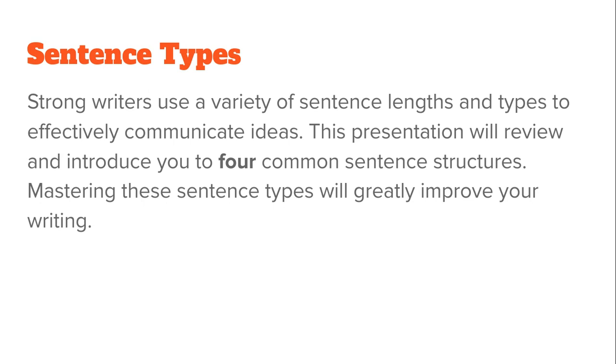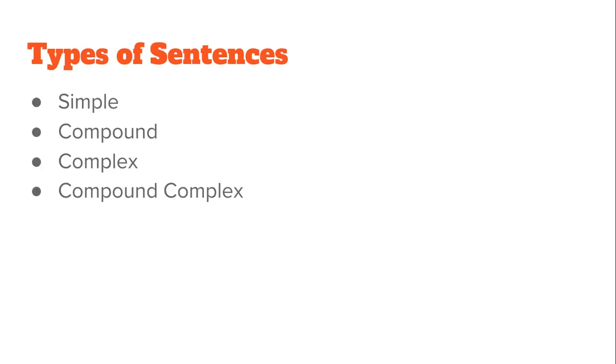Ultimately, there are 4 different types of sentences, but we are going to be looking at those first 3. We've done simple and compound, and today we're going to do complex, and then we're going to do compound complex, which gets even more complicated.